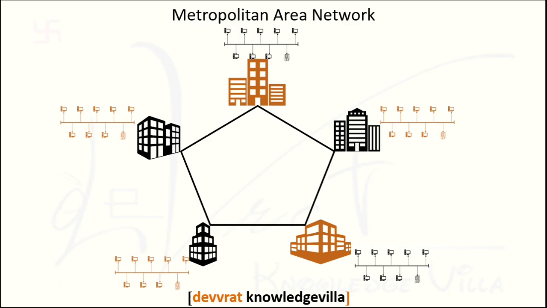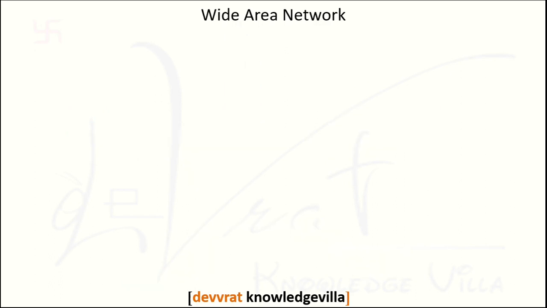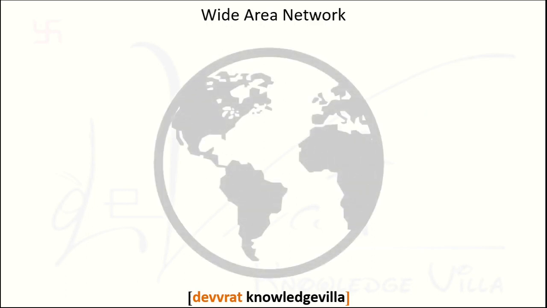Next category, that is wide area network. In this case, we will look worldwide. According to the earth, there are different countries on the earth, and at any point or corner of the earth there are people living, multiple cities, multiple villages.